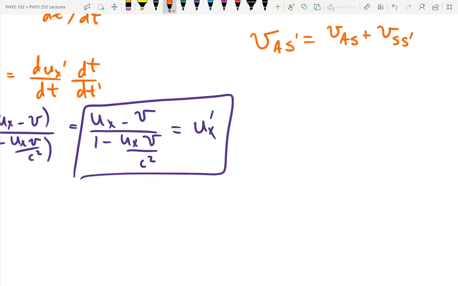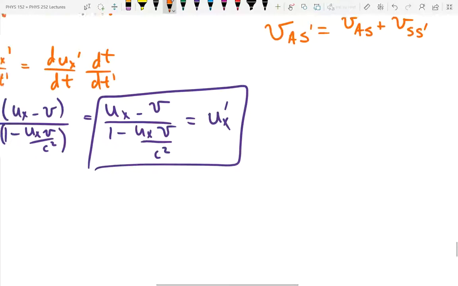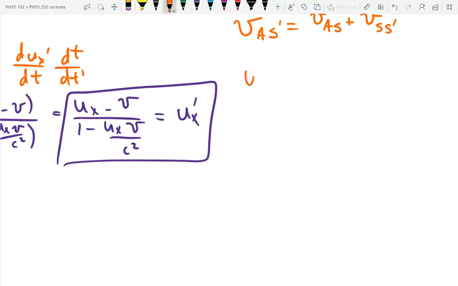That was the way we did the Galilean transformation. Now, if we look at this, ux is equal to the velocity of A with respect to reference frame S. Ux prime is equal to the velocity of A with respect to reference frame S prime. And V is the speed of reference frame S prime with respect to S.